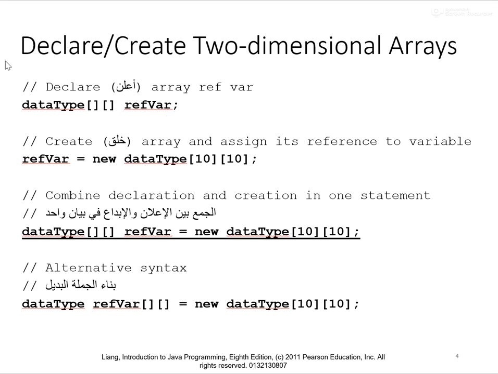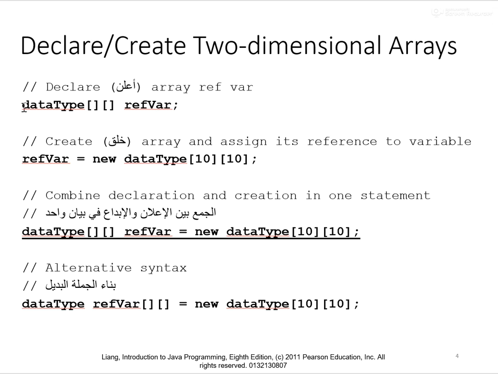Now, arrays can be two-dimensional, but can also be three-dimensional, four-dimensional, can have as many dimensions as you need. But for the examples that I'll show you today, we'll be working mostly with two-dimensional arrays. So this is how we declare an array.